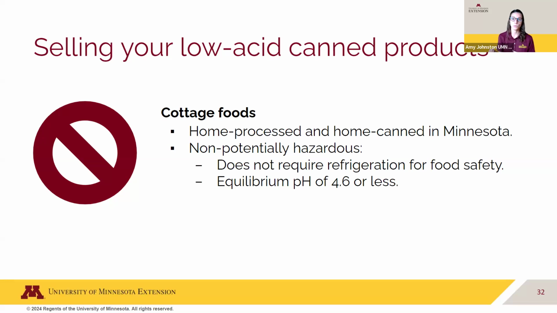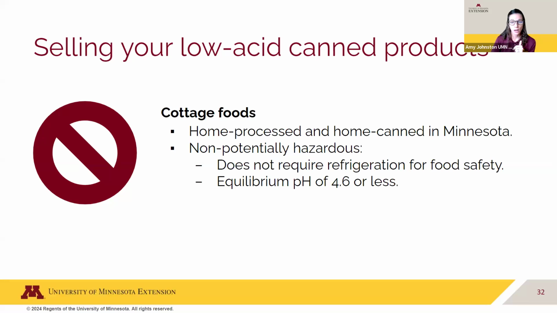So cottage foods, one of the criteria is that acidity. Cottage foods have to be acidic food with a pH of 4.6 or less, and our low acid foods have a pH above that. The other requirement is water activity, but that does not pertain to the pressure canning that we're talking about today.